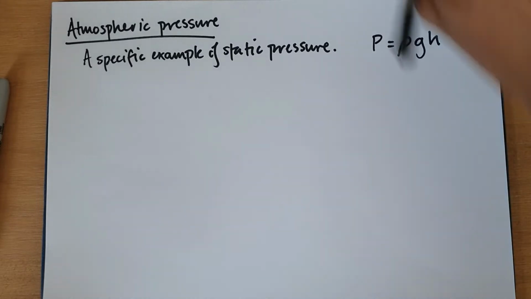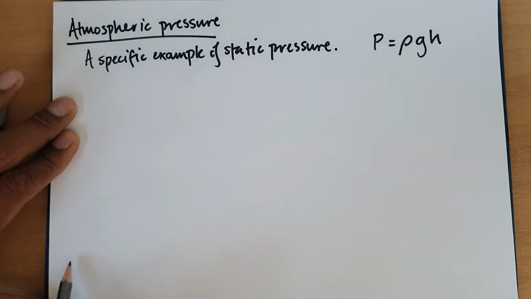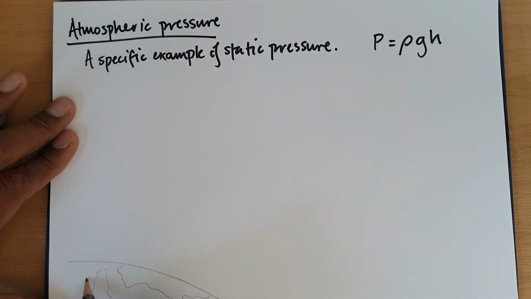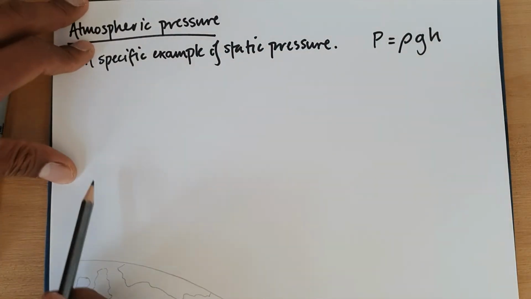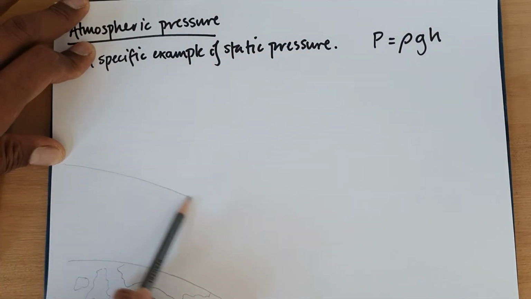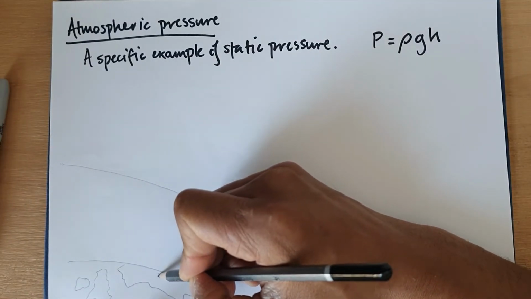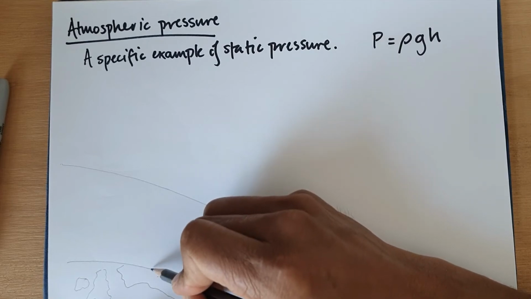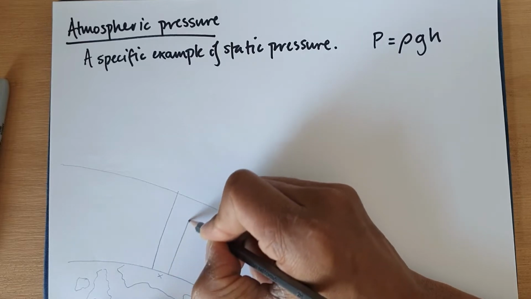So that means, let's take an example, might help, okay? Let's say we're on the surface of the Earth. Let's do some little countries. Okay, so we're on the surface of the Earth, and if you imagine the atmosphere is this thick, if we're here on X, we've got a column of air that stretches up in the atmosphere.